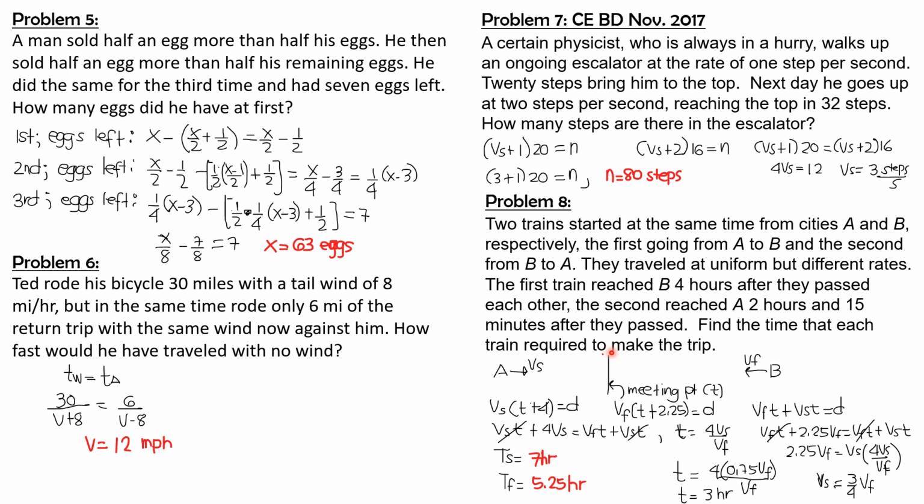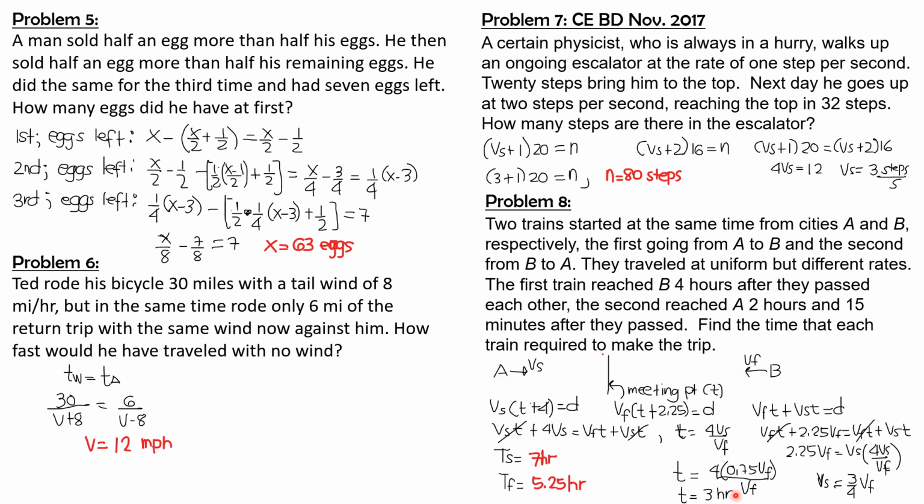The time for the two trains to meet is 4 times V sub S, 0.75 of V sub F, divided by V sub F, cancel V sub F. So T is 3 hours. The two trains meet 3 hours after they leave respectively cities A and B.